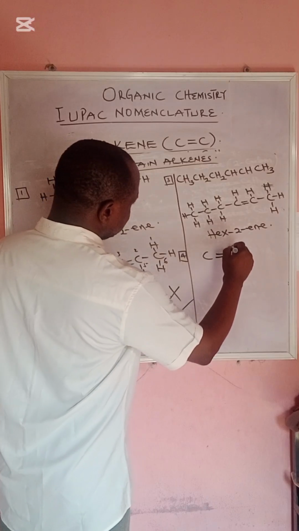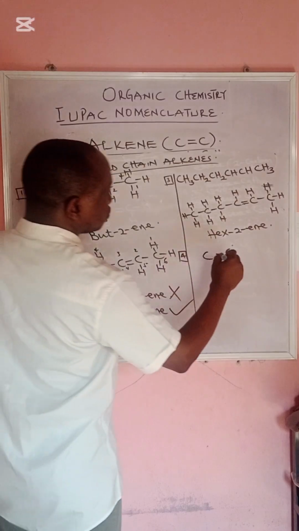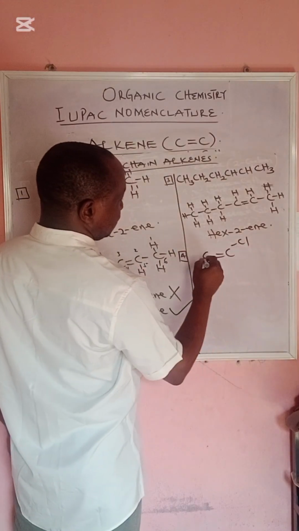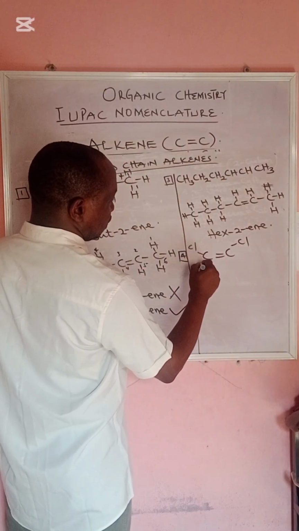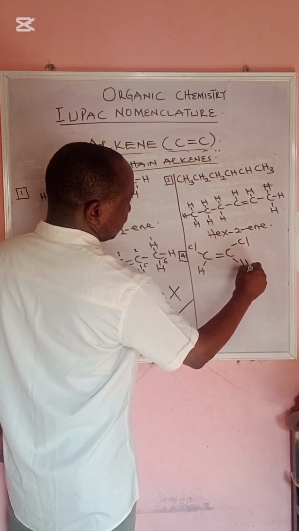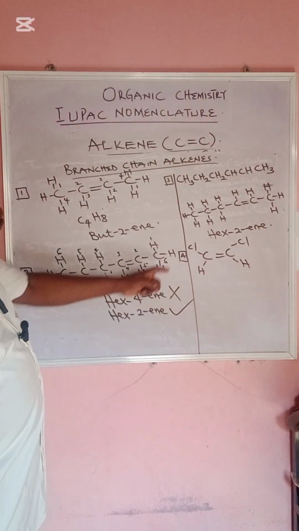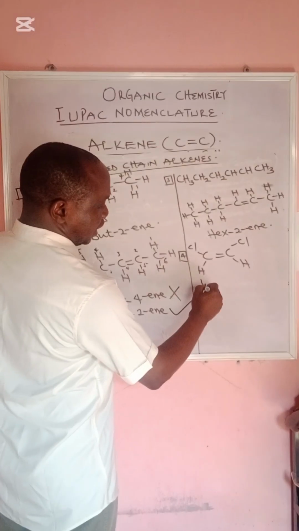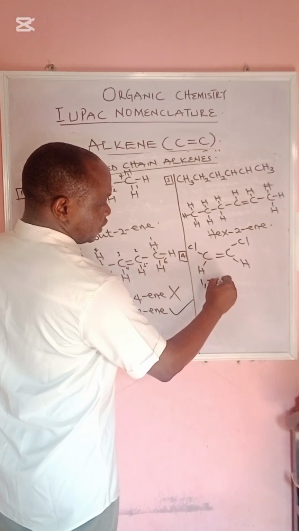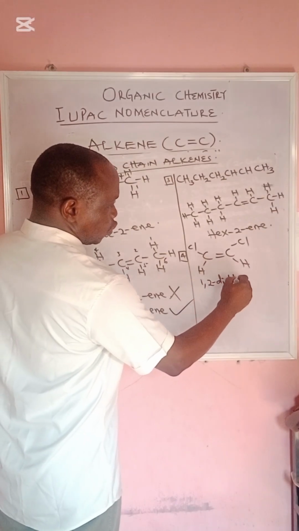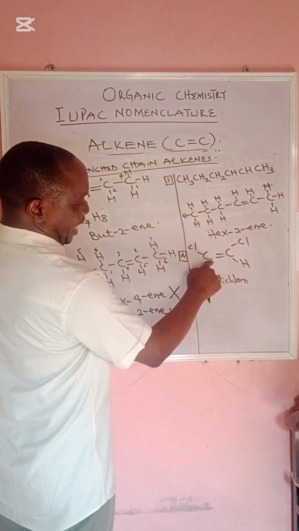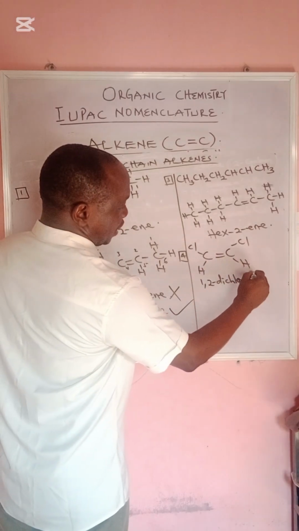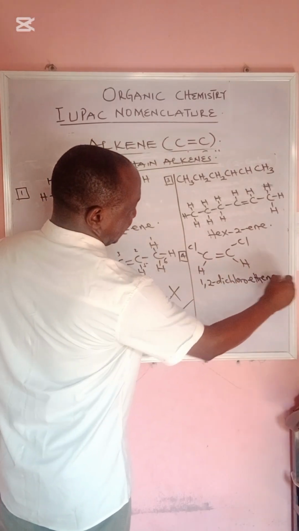We have chlorine here. You have another chlorine here. You have hydrogen here. You have hydrogen here. Chlorine on carbon 1, another chlorine on carbon 2. So it will be 1, 2 dichloro. You know this is a double bond, which shows the alkene group.